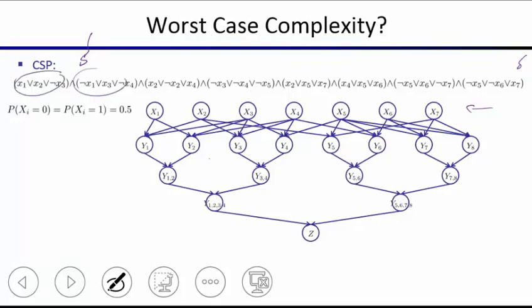There will be a variable y1 corresponding to the first clause right here. So y1 is a variable that corresponds to whether the first clause is true or not. Its parents are the 3 variables participating in that first clause, because once you know the values of those 3 variables, you can compute the value of y1. This is actually a deterministic conditional probability table. It's deterministically determined by the parents what the value of y1 will be. Same for y2 and so forth till y8.